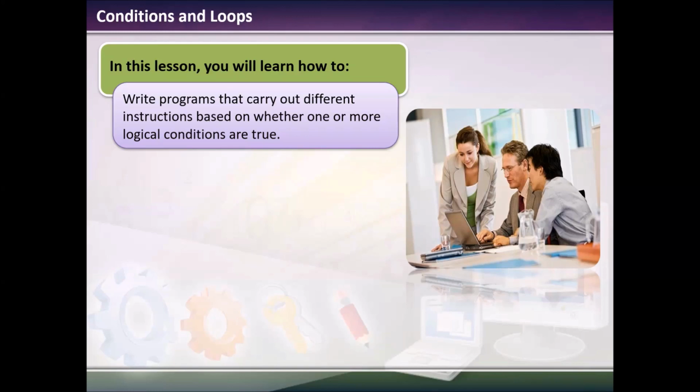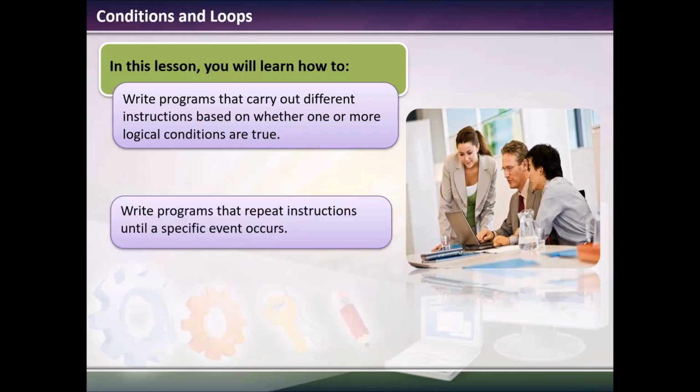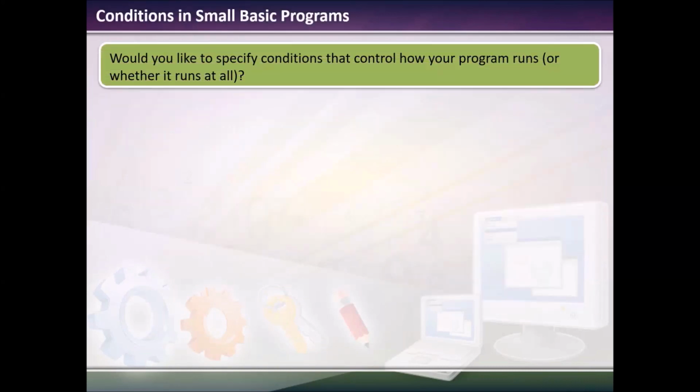Keep going through until you get to 50. I just counted by 1, but you can count by whatever you want. So we can repeat instructions until a specific event occurs. Meaning you type in -1 and then we're out of there. You guess the correct number. Because with that loop, the -1 loop, you don't know how many times you're going to be in that loop. So a couple things that we can look at.